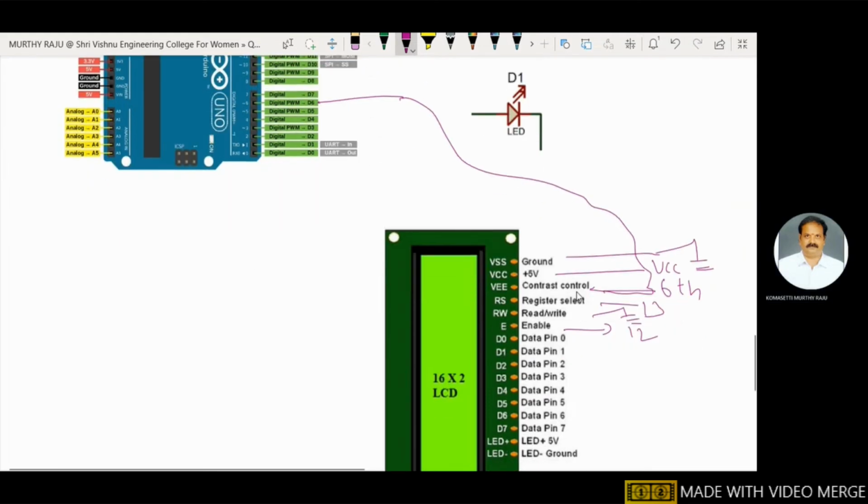Data pin 0, data pin 1, data pin 2, and data pin 3 are not used.